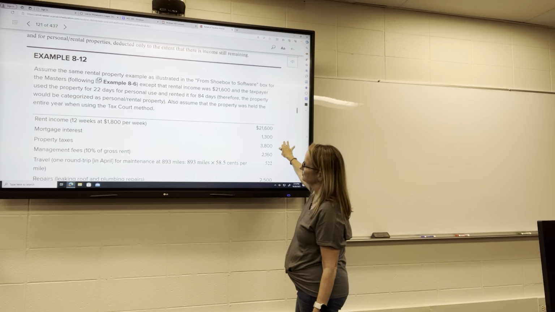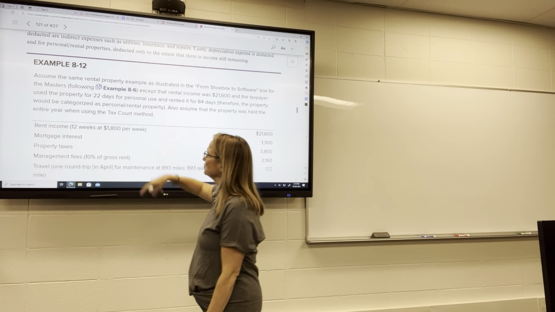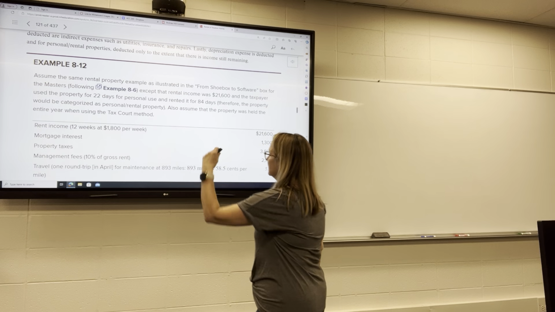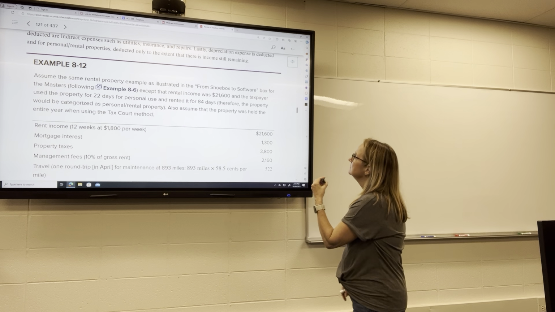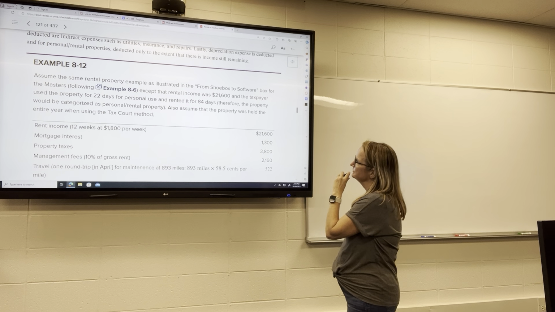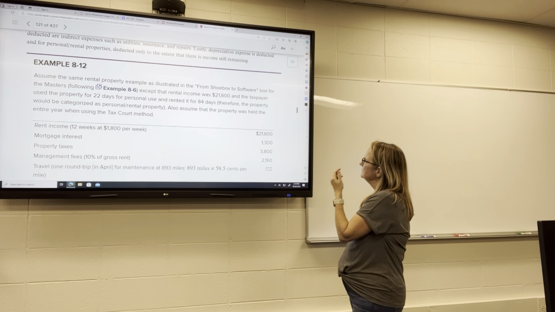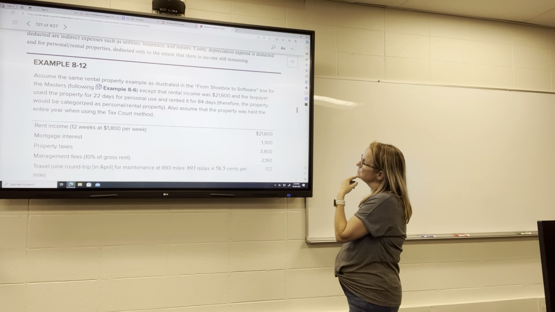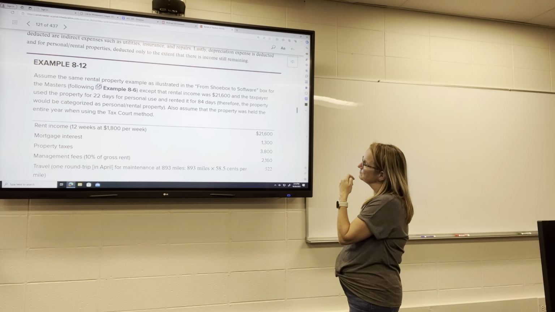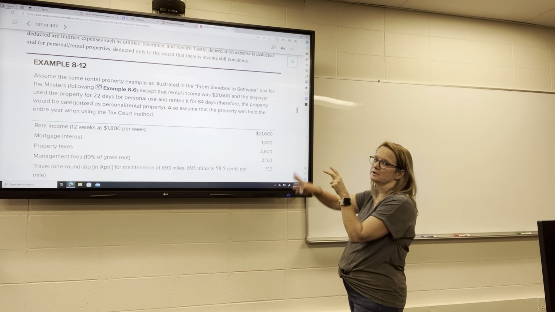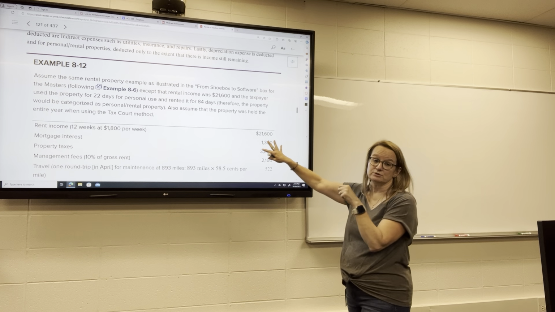So let's look at an example here of how this works. Same rental property, was that the Masters? Yes. Rental income is $21,600. The taxpayer used the property for 22 days for personal use and rented it for 84 days. So they did the math for us, and we know it's personal slash rental.